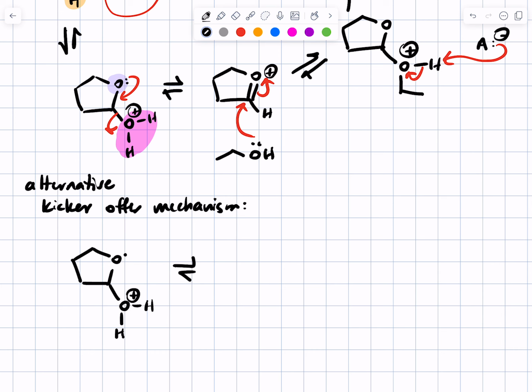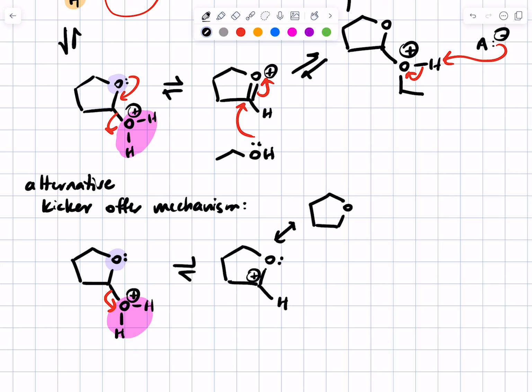So what you're saying is, rather than have the purple kicker-offer kick off the pink leaving group, they show the pink leaving group simply leaving, and the resulting intermediate looks like this. What is the relationship between this intermediate and this one that we've drawn down here? They're simply resonance structures.